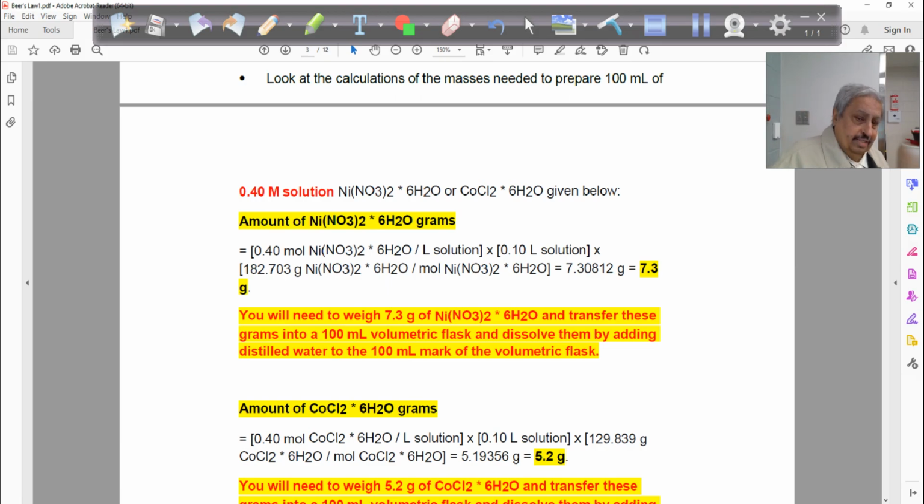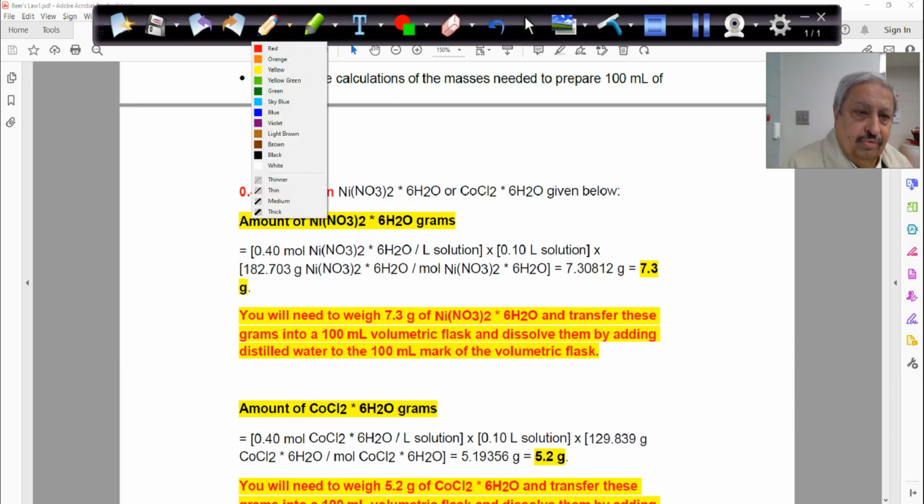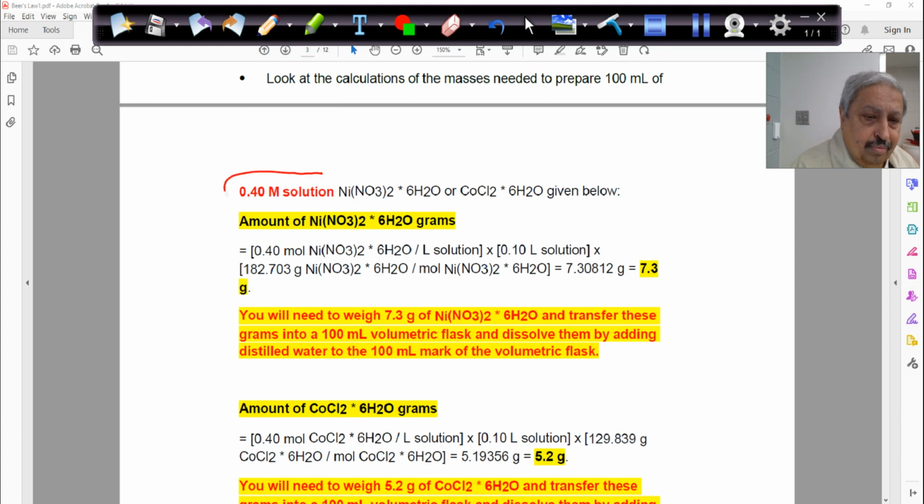Nickel nitrate hexahydrate is a complex compound. We'll have to prepare 0.4 molar. So how do we do this? We'll not do the cobalt. We'll do just one or the other. We'll do the nickel, correct?